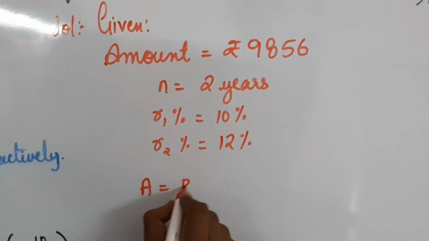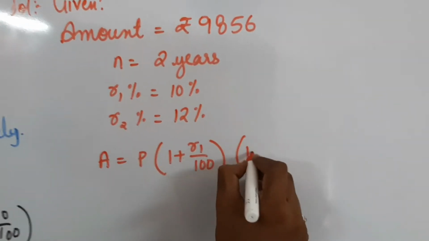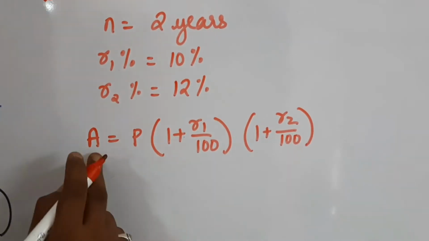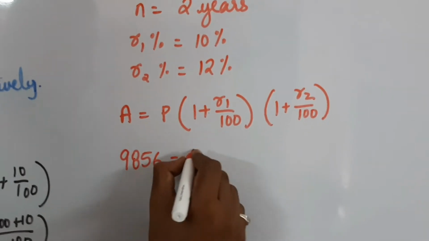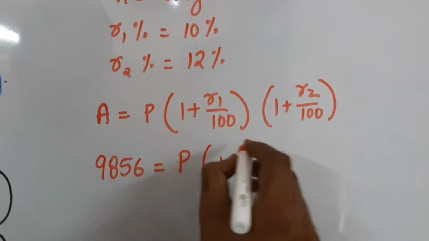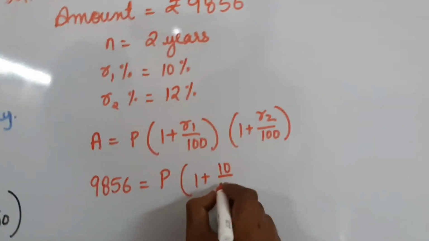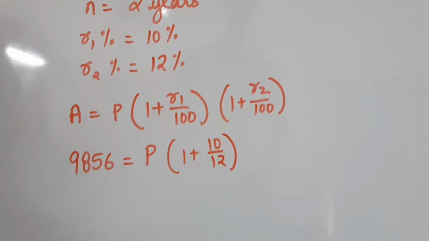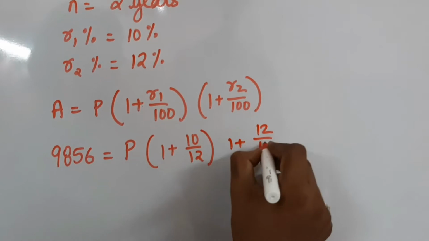A is equal to P of 1 plus R1 by 100 of 1 plus R2 by 100. Amount is given, students, 9,856. Principal you need to find out. So 9856 is equal to P of 1 plus 10 by 100 of 1 plus 12 by 100.